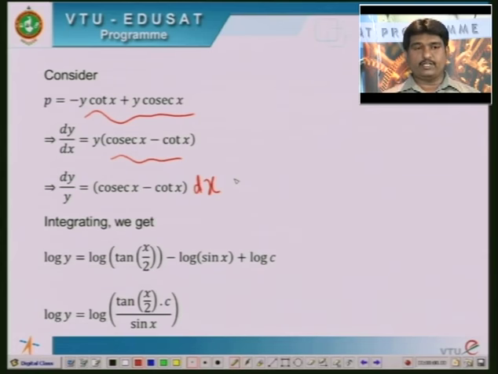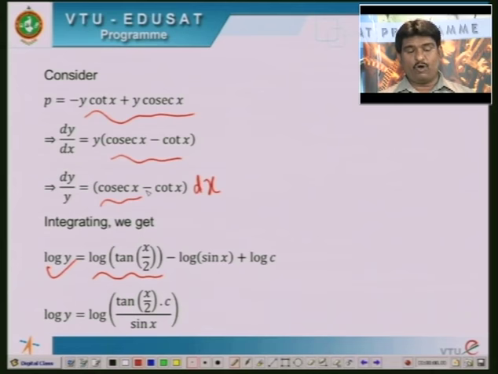Integrate it. Integration of 1/y is log y, and integration of cosecant x is log tan(x/2), or else you can write it as -log(cosecant x + cot x), or log(cosecant x - cot x). In any form you can write the integration of cosecant x.